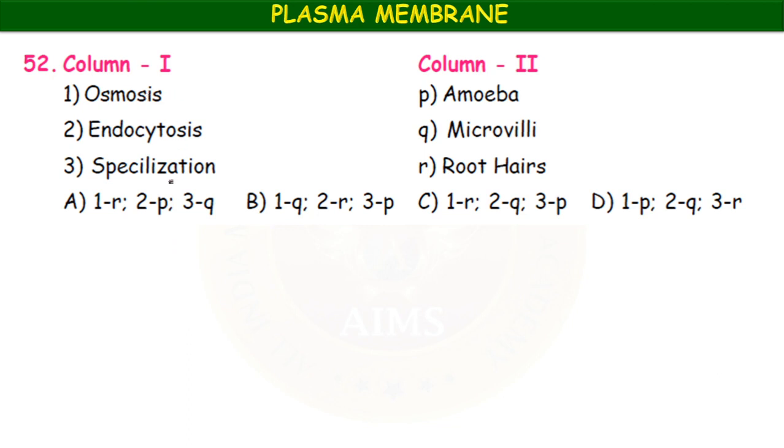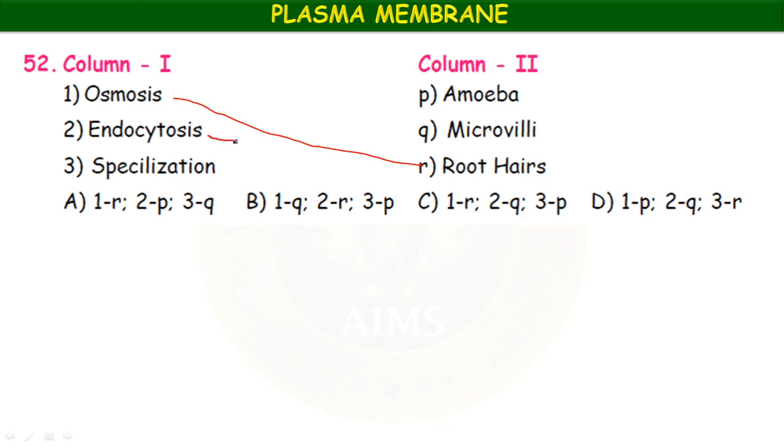Column 1, the process are given: osmosis, endocytosis, specialization, and here column 2, amoeba, microvilli, root hairs. So let us first match and then select the code. Osmosis, the root hairs absorb water by means of osmosis.